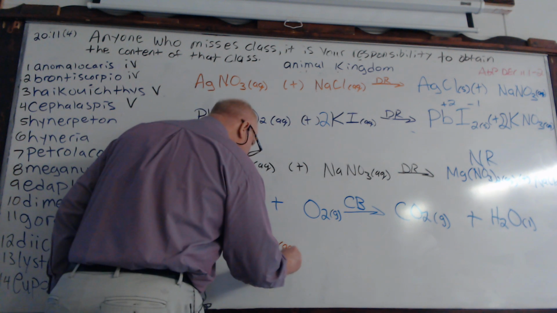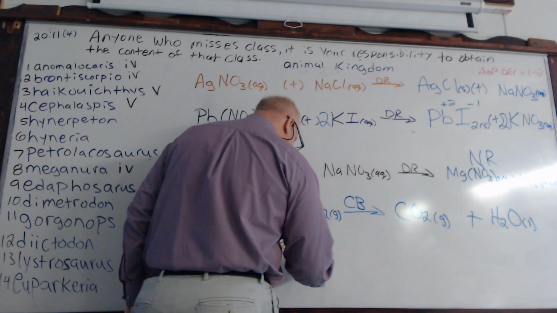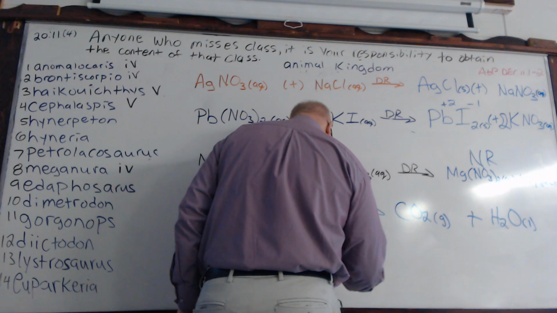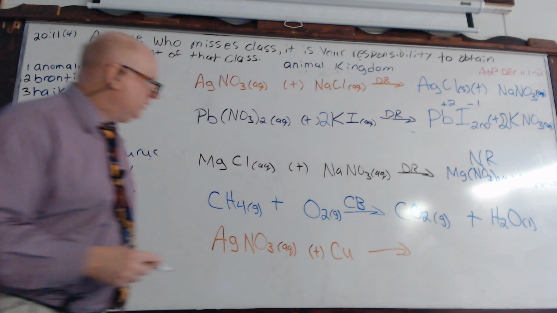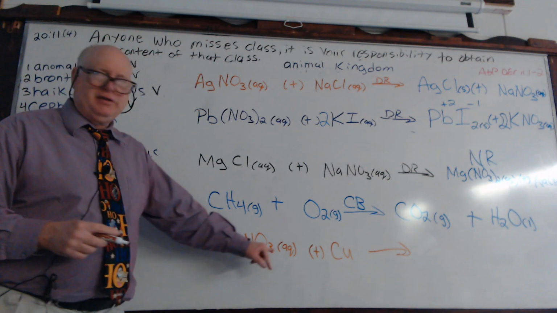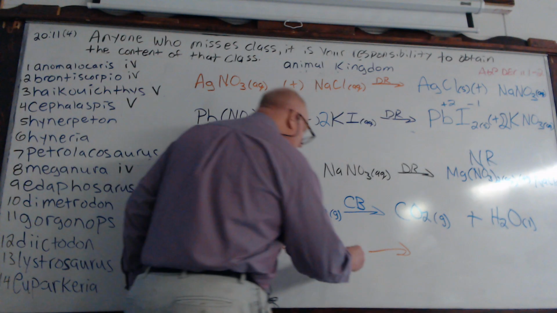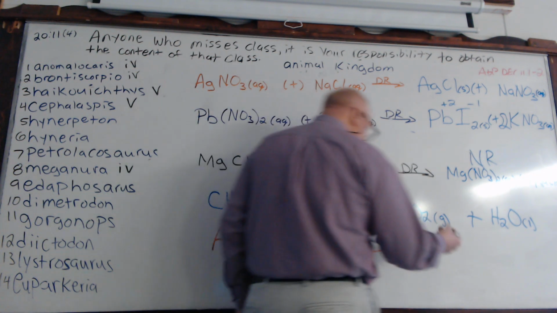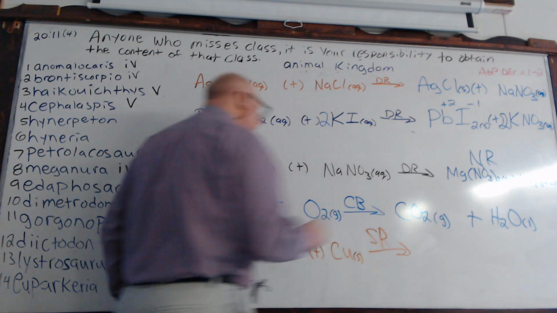Okay? Then if we were to add some of this, so then what type of letter would we put after the Cu? Because it's a solid. Okay? So then, is this reaction going to proceed?